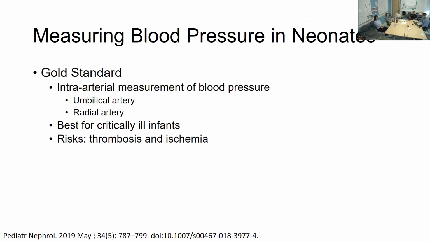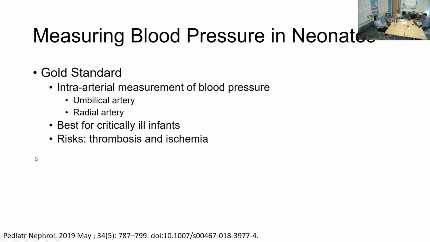So in terms of how we measure blood pressure in neonates and what a lot of these norms are based off of, the gold standard by far is the intraarterial measurements, which you guys are familiar with. Obviously, whether it's the radial artery or the umbilical artery is really more just a question of what is easier to place and what you can consider more reliable.